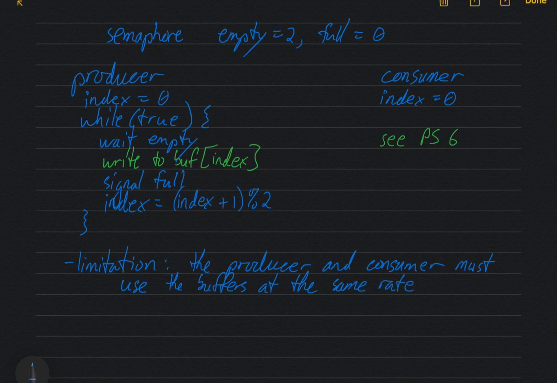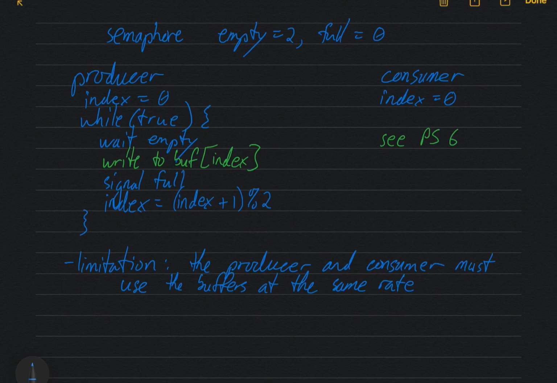So if you have a producer that's kind of bursty, like it can produce a lot of data quickly, but then it waits a while, that's not going to be so good here, because it can only fill one, maybe two buffers before it needs to start waiting for the consumer.